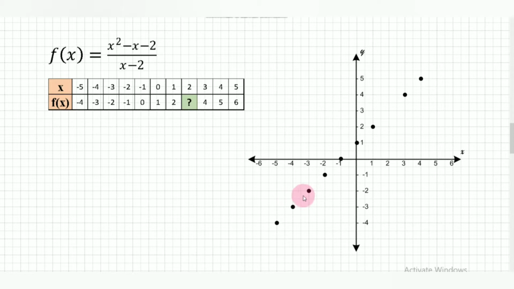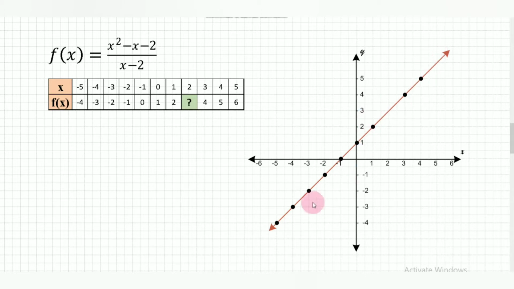So it consistently shows that the pairs form a straight line. The question is, is it really true that it will form a straight line, despite the fact that when x equals 2, there will be no value of y? This actually is not really correct, but in general, it forms a straight line.